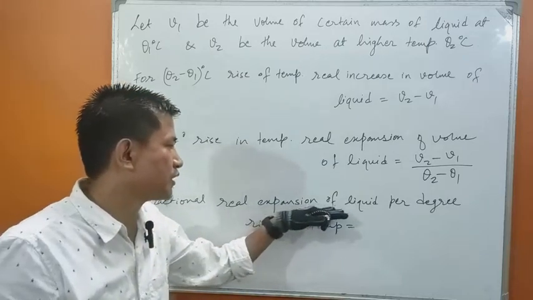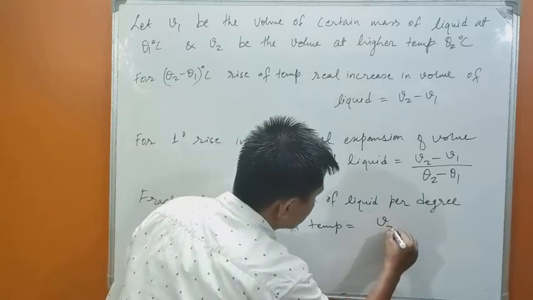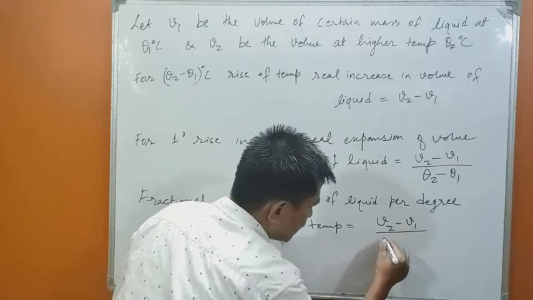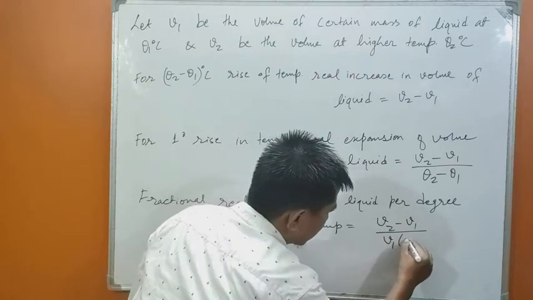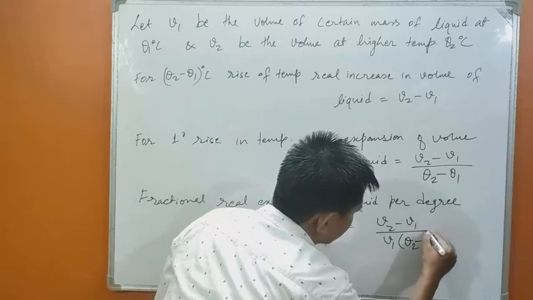Fractional real expansion of liquid per degree rise in temperature equal to V2 minus V1. This is the increase in volume, so divided by original volume V1 is fractional increase, and per degree means θ2 minus θ1. Got my point?